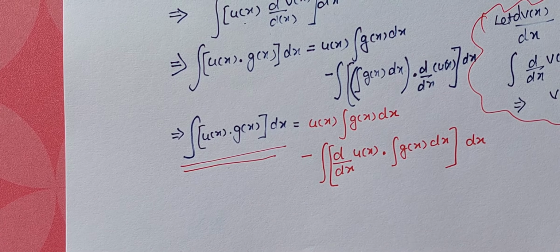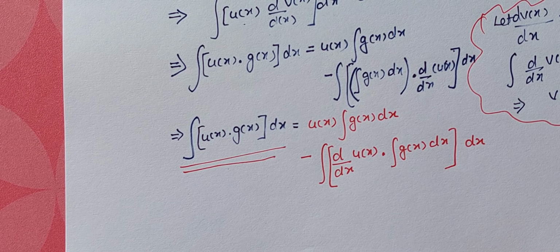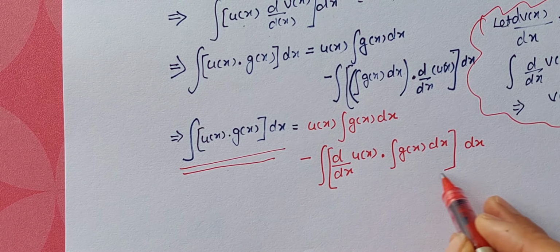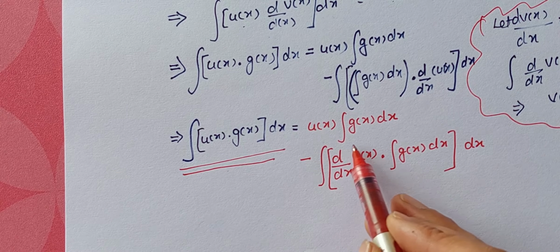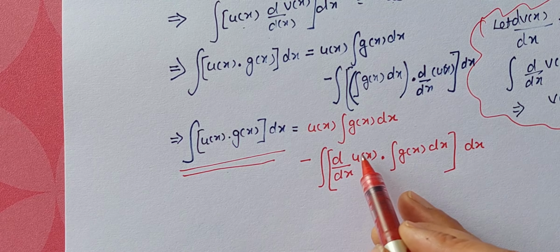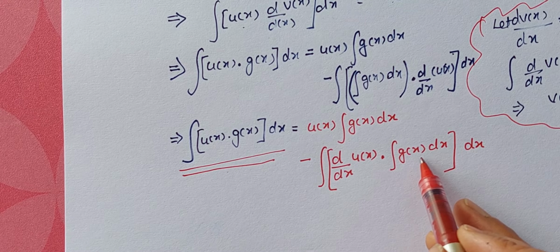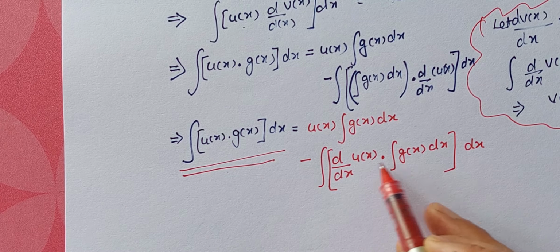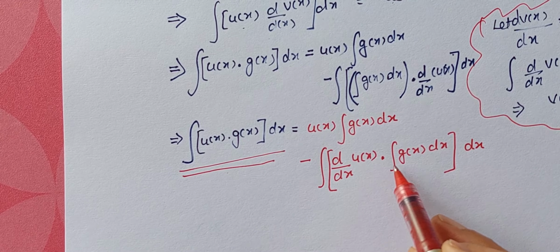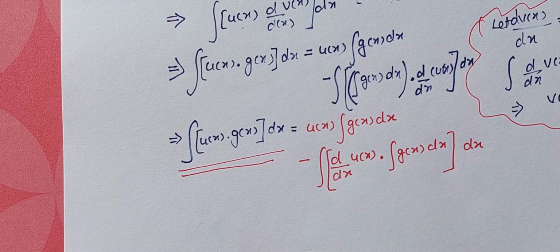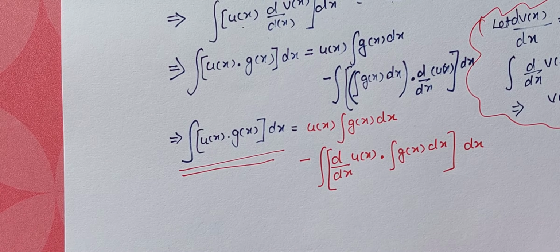This rule is not very simple to apply, because here again we get the product of two functions, since the derivative of one function is going to be another function, and the integral of some function is again a function, and here we will get again a product of two functions.